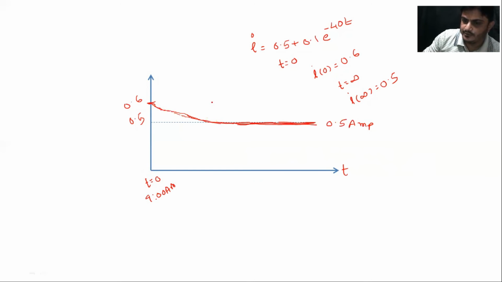At t equal to infinite, which depends on your time constant, generally 5 tau, your inductor will reach a steady state condition, and then your answer will be 0.5 ampere.